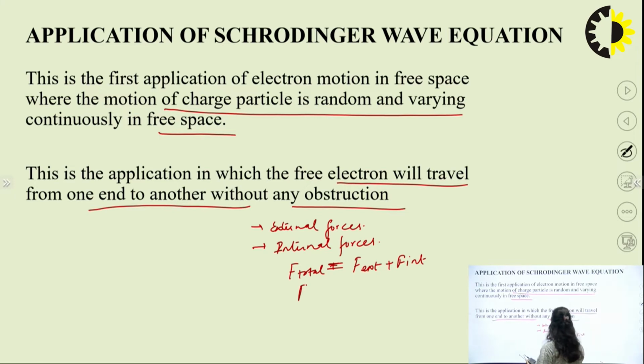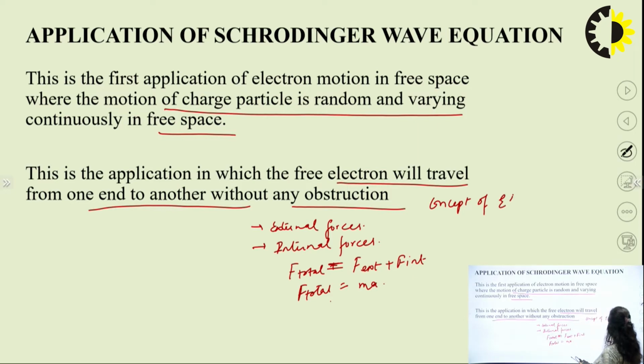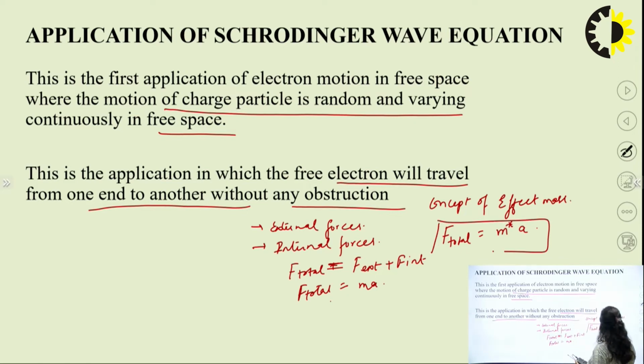As we know, F total is equivalent to mass into acceleration. So we have the concept of effective mass here. We can represent F total as m star a, where m star is called the effective mass.